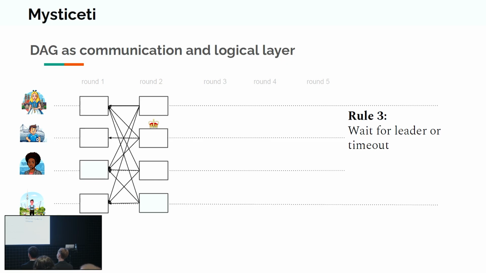And say in the second round we have this leader, and then before creating a block in round 3, we wait not only for the quorum of blocks from round 2, but we also wait until a leader block pops up in our local DAG. And only after that we can create a block, because our block will be used as a vote for the leader.